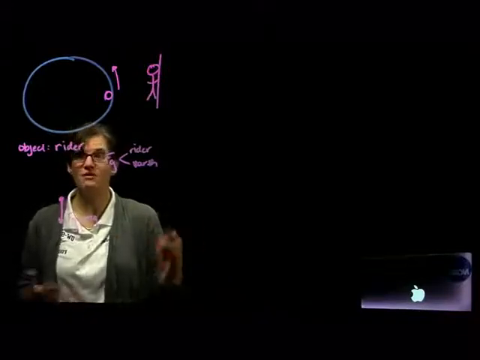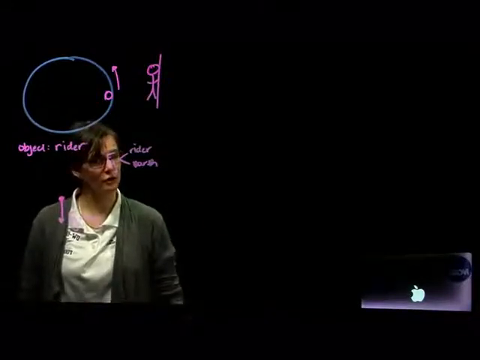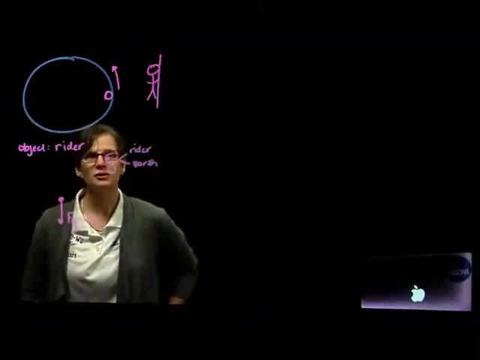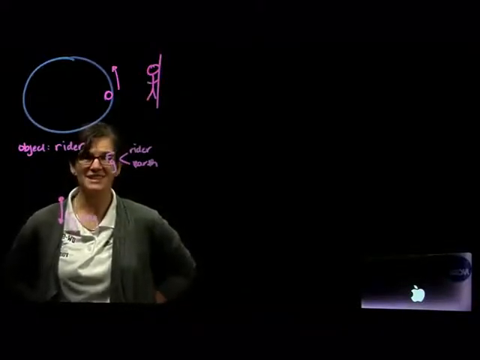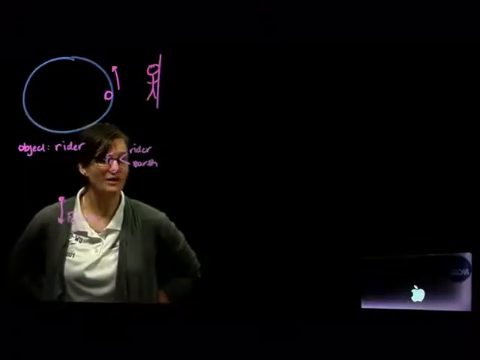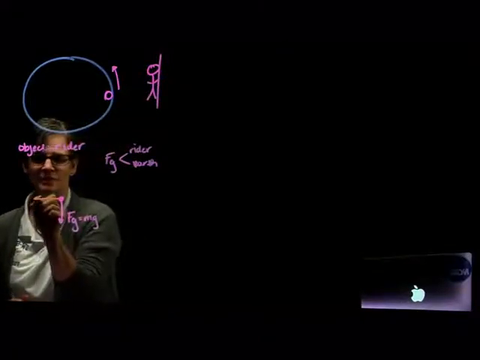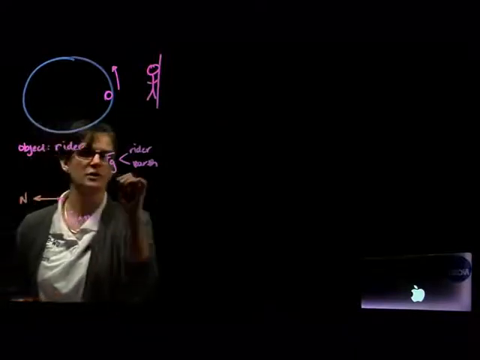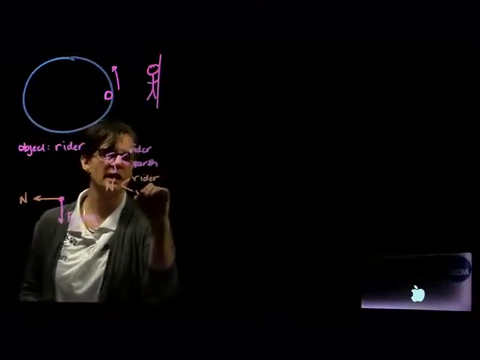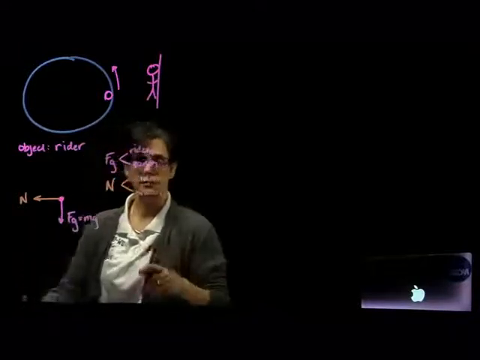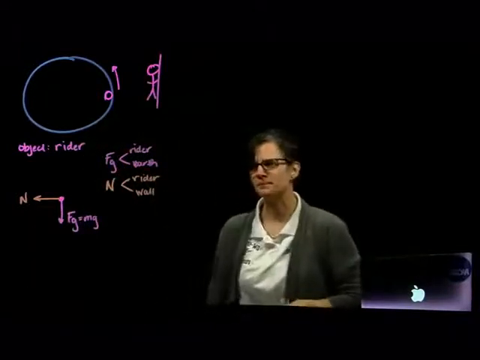We're talking about when the floor's gone. So there's no standing on the floor, but their back is interacting with the wall. So there is a normal force, in this direction. Here's our normal force, and that's between the rider and the wall, leaning against that wall.